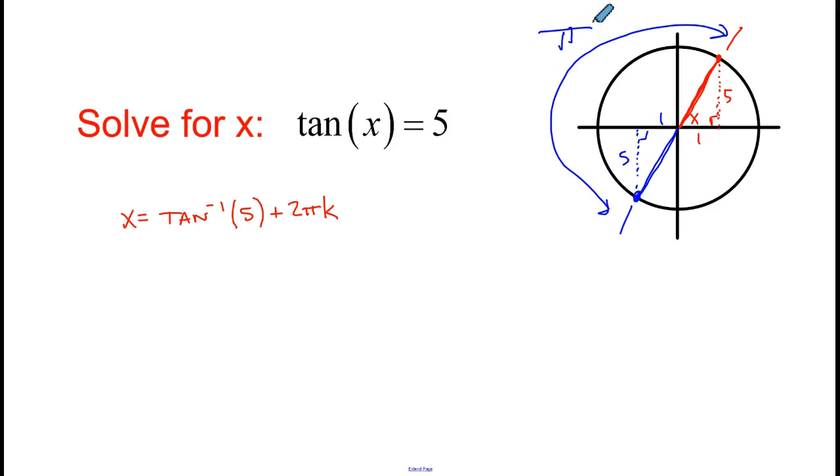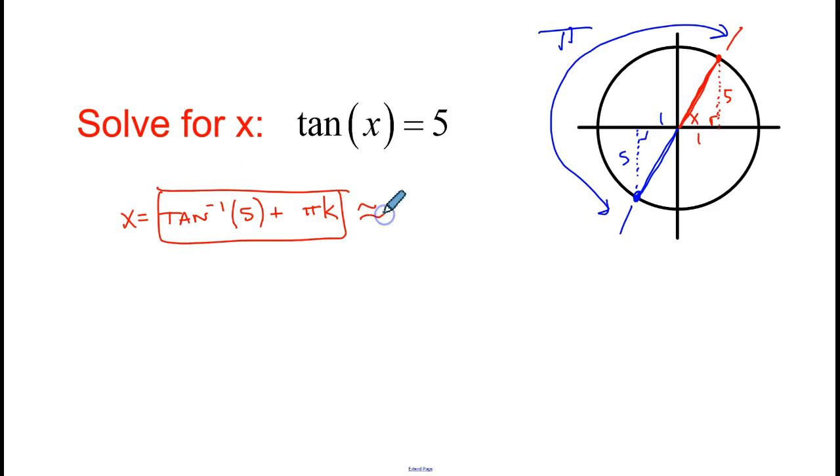So if I have the inverse tan of 5 and I add pi to that, I end up down here in quadrant 3. So my final solution for this one can just be the inverse tan of 5 plus pi k. And that includes both the angles in quadrant 1 and in quadrant 3. By the way, that's our final answer there.